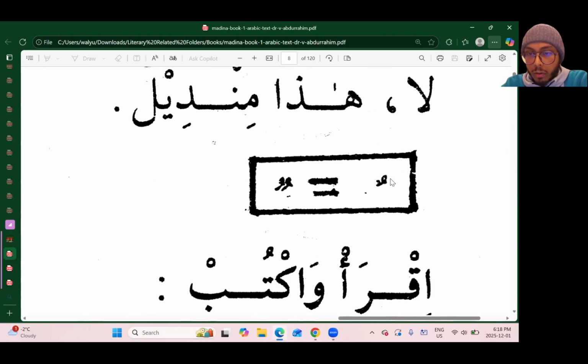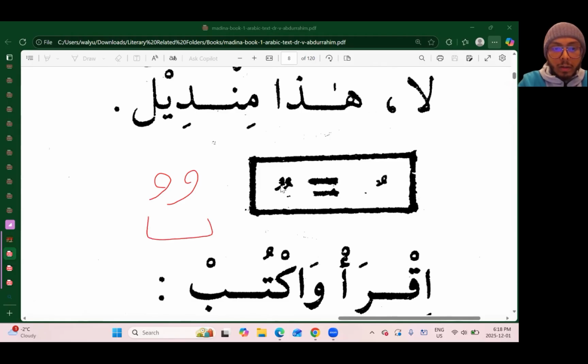Zoom in. There are two ways to write a tanween or two dhammas. It can be a bit confusing. So this is one way, right? So let's say there's a ba. Terribly out of proportion. Let's redo that. So let's say there's a ba. So you're going to have two dhammas like that, right?